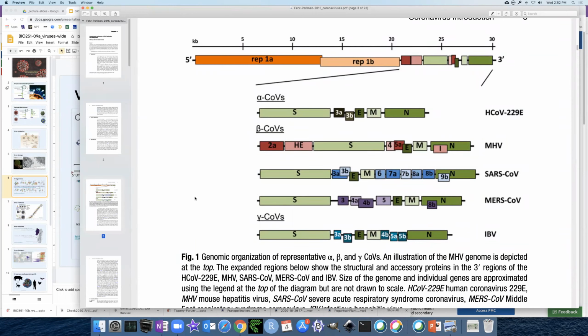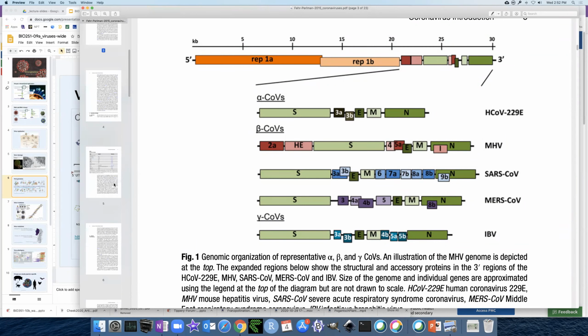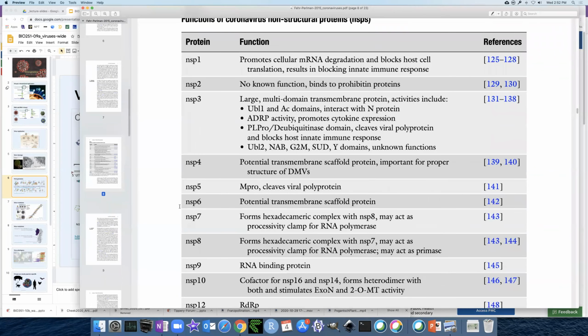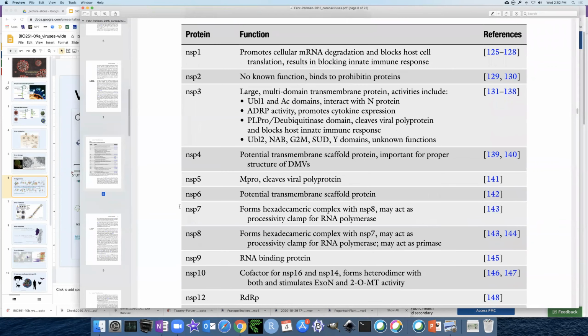So here's a schematic of the genome, and then a table here of what some of these non-structural proteins do. I think that non-structural protein designation might make them feel like they're not so important, but of course these are essential to making this process happen.